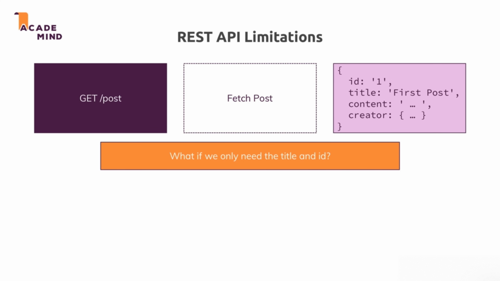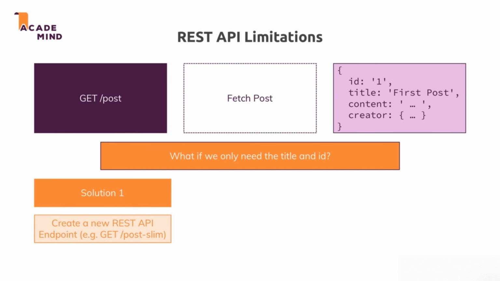Well, solution one is, of course, to simply create more endpoints that return the different types of data. We can create a new REST API endpoint, for example, sending a GET request to post-slim to only return title and ID. Now, obviously, by the way, you could also, of course, use the same endpoint all the time and just parse or filter out the data you need on the front end, but then you're sending a lot of unnecessary data over the wire, which is an issue, especially when working with mobile devices.